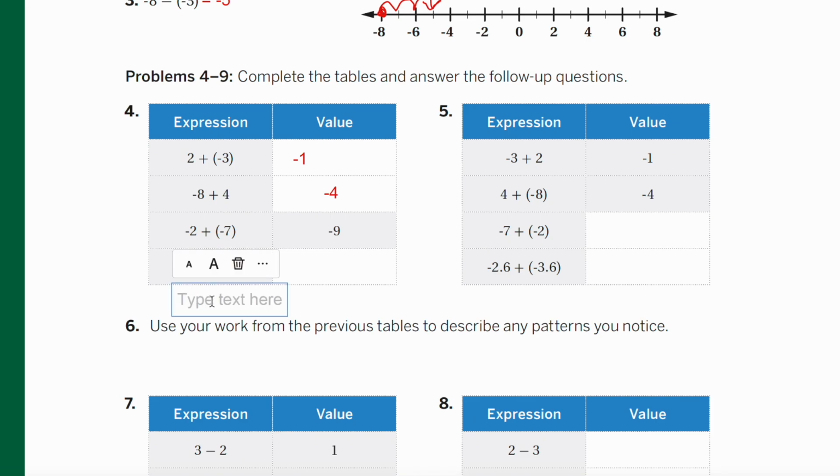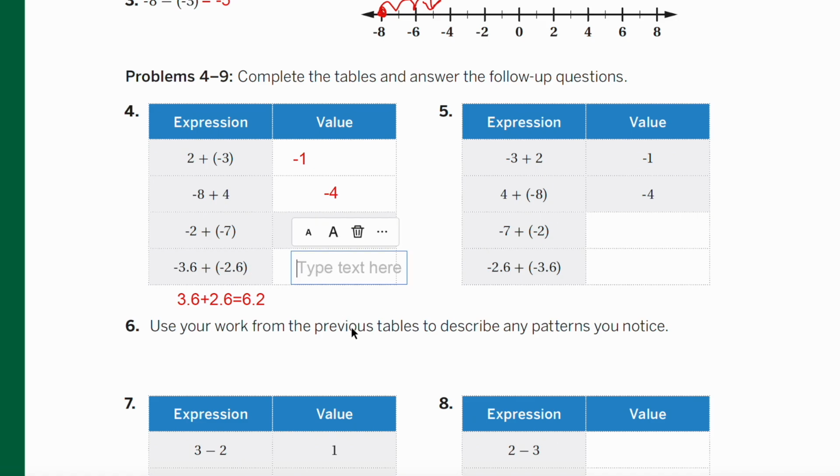So 3.6 plus 2.6, that's equal to 6.2. And since these are both negative, we're going to be in the negative zone. So we'll have negative 6.2 as our final answer.